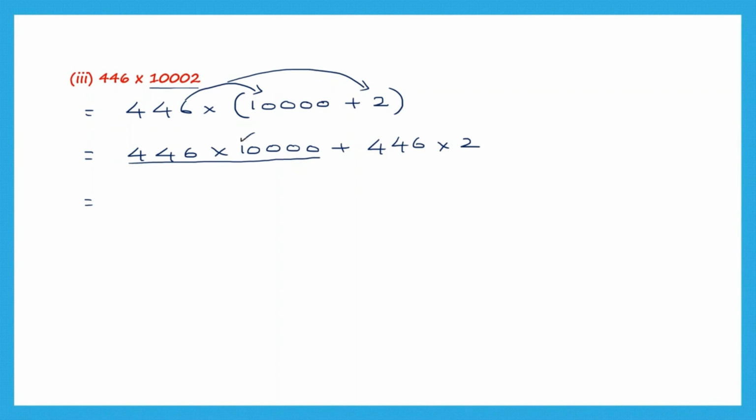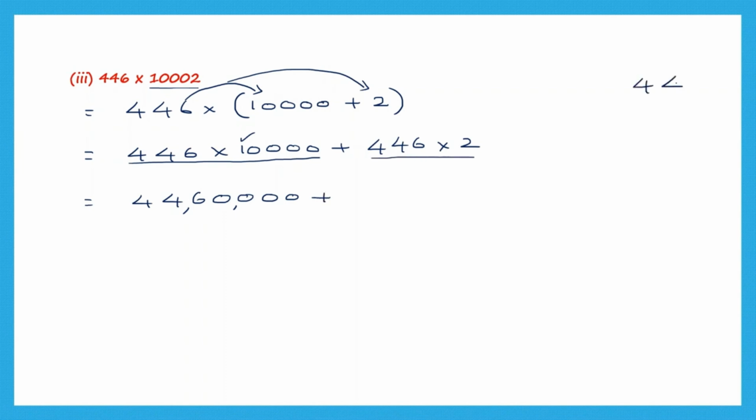So here we are multiplying with 1. 446 into 1 is the same number, any number into 1. Now count the zeros. 1, 2, 3, 4. Add the zeros. 1, 2, 3, 4. See, that multiplication was done so easily. So this is 44,60,000 plus, now we have to multiply 446 into 2.